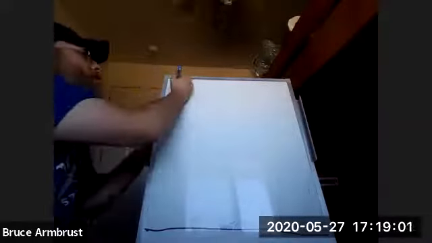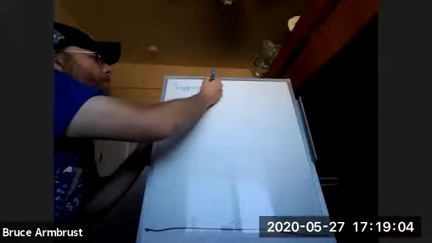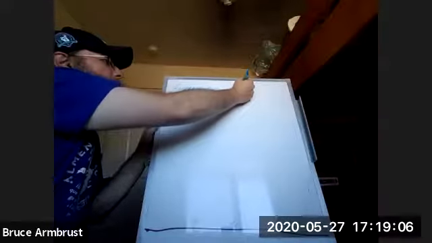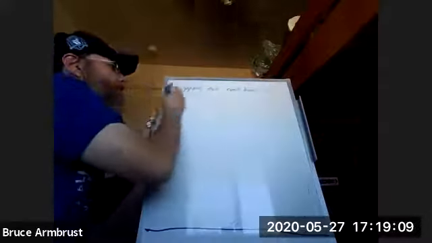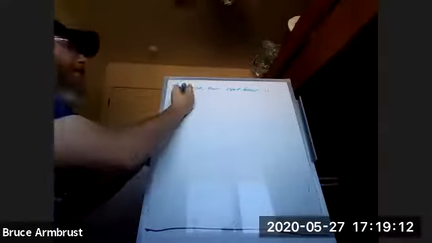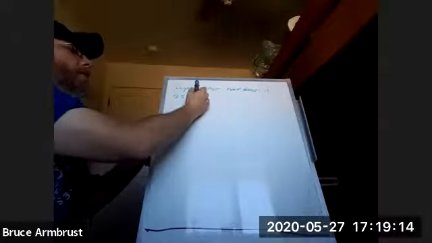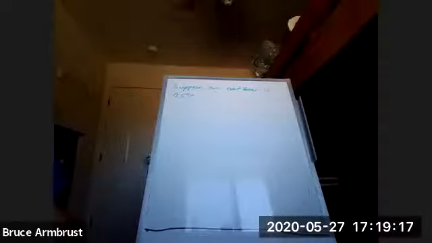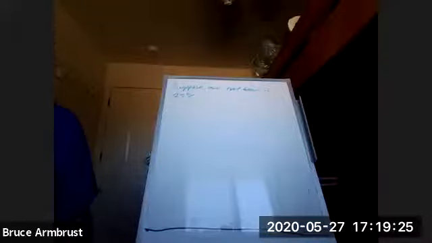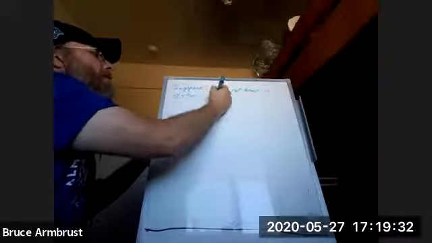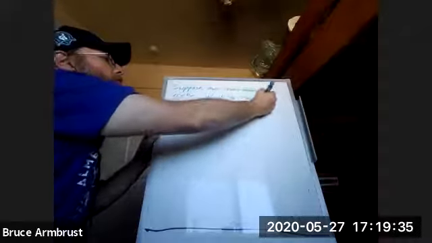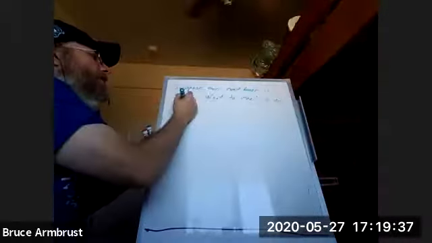Okay, so suppose our root beer is currently 25 degrees C. And nobody, not even the English, wants to drink their root beer at 25 degrees C. All right, so we're going to cool it down, and we're going to go all the way to 0.